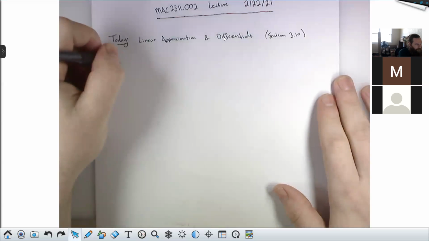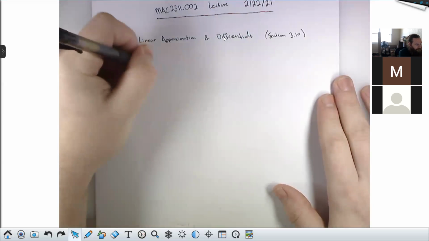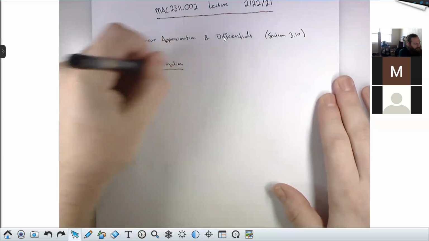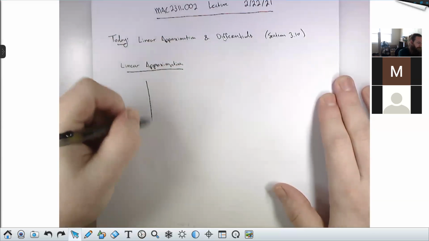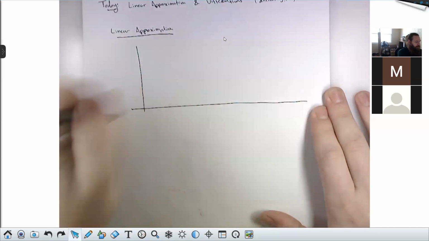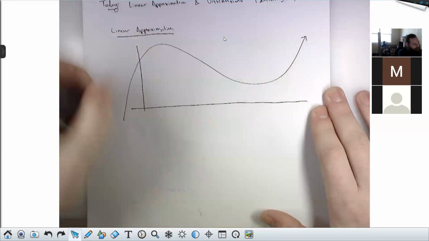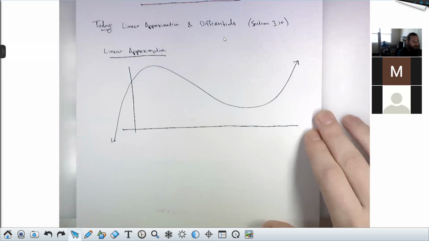Let's talk about linear approximation first. And I'm going to begin by drawing a graph here. Not any particular graph, just a generic graph. All right, so we're going to say that this is the graph of f of x.